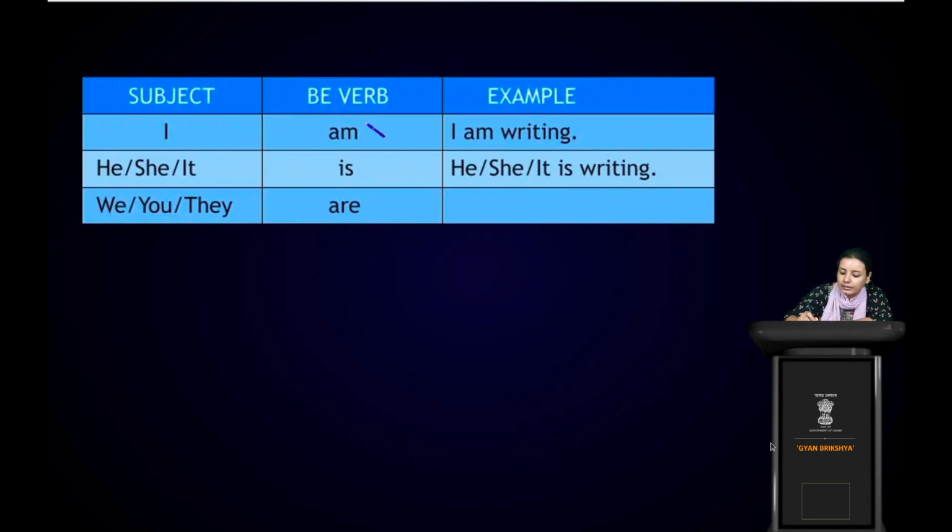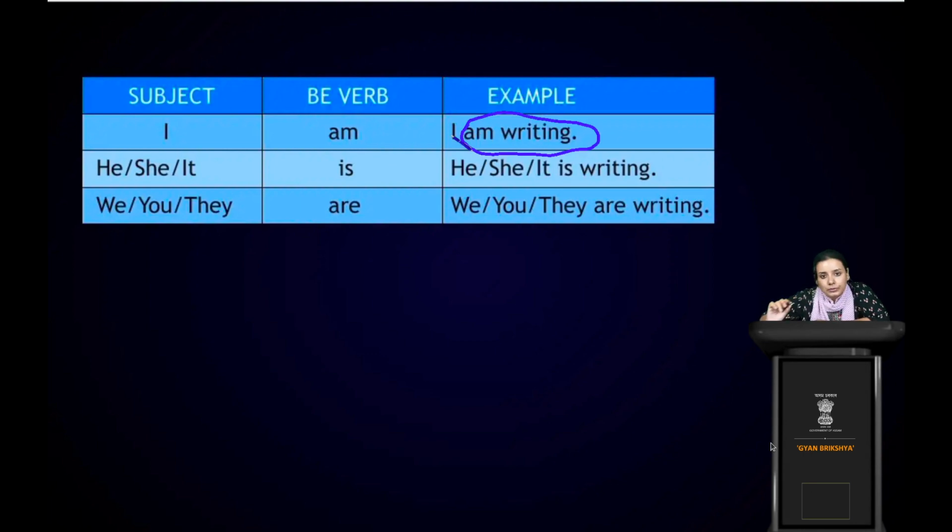Now see, I am writing, because with first person singular we use am. Next, he, she, it is writing, because it's again singular. And then with we, you, and they, we use are, because these are plural form.